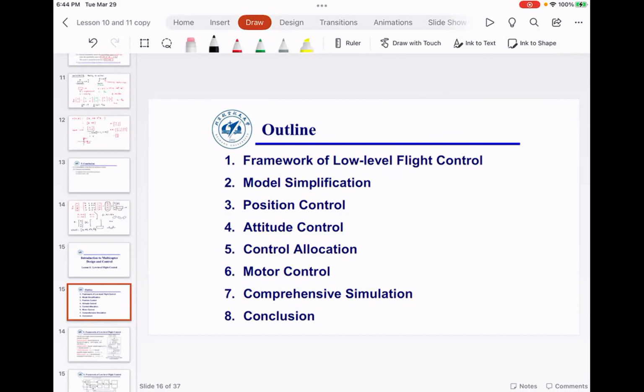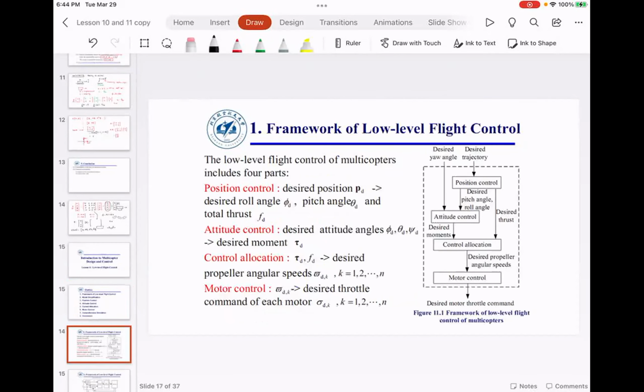First, let me talk about the overall flow of the control. How does control work in the context of a quadcopter? The first control that you are going to implement is the control of attitude. Attitude means roll, pitch, and yaw. Typically, we are not worried about yaw at this point.